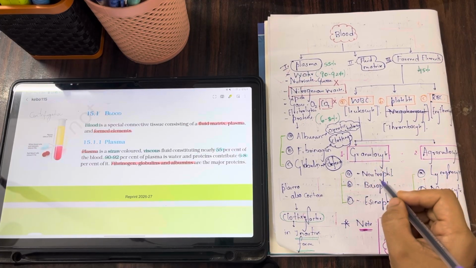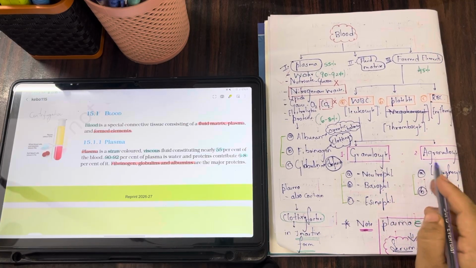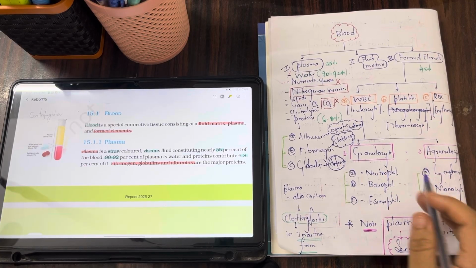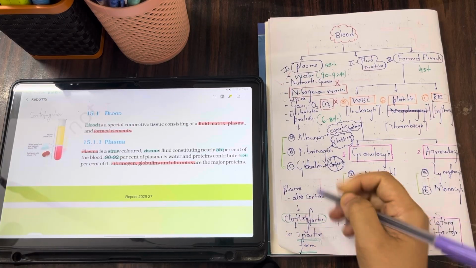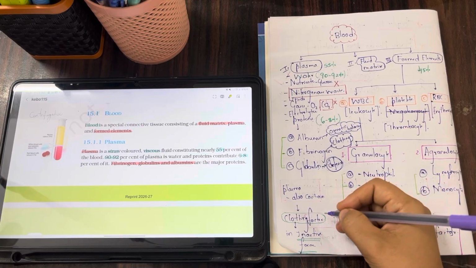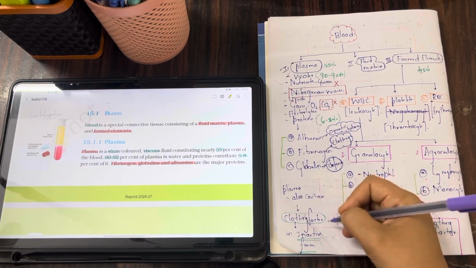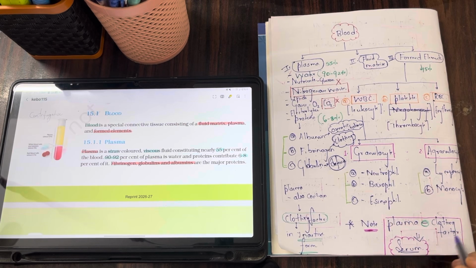Examples of granulocytes are neutrophil, basophil, and eosinophil. Agranulocytes are lymphocyte and monocyte. Plasma also contains clotting factors, but in the inactive form. They are activated only when there is an injury where blood comes out of the body. Note that if you remove the clotting factors from plasma, it is called serum.